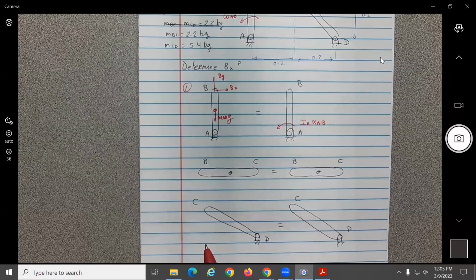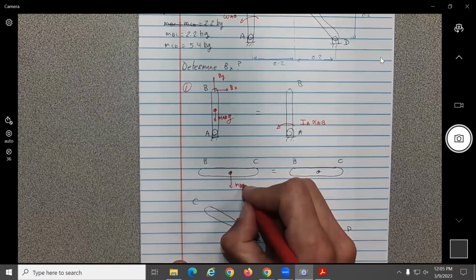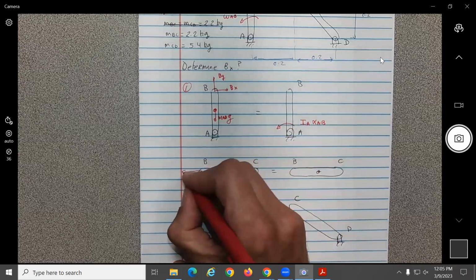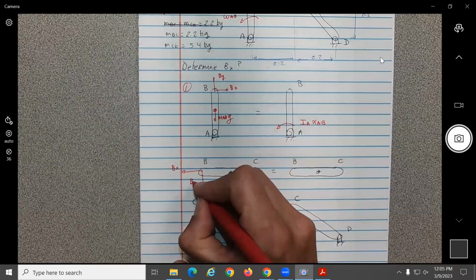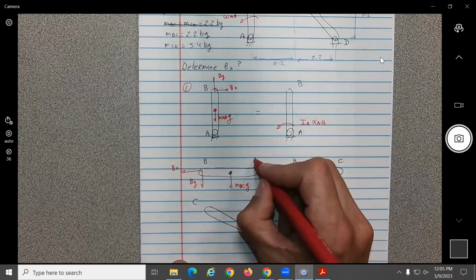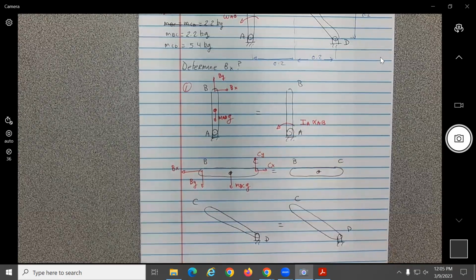Okay, the one that's going to be a nightmare is BC. What are the forces in BC? BY, BX. Correct, so in the opposite direction will be BX, BY, and then what are you going to have on the other side? CX, CY.